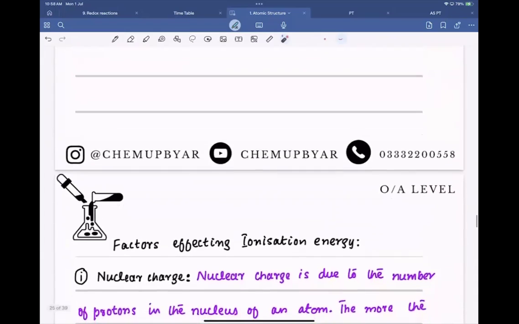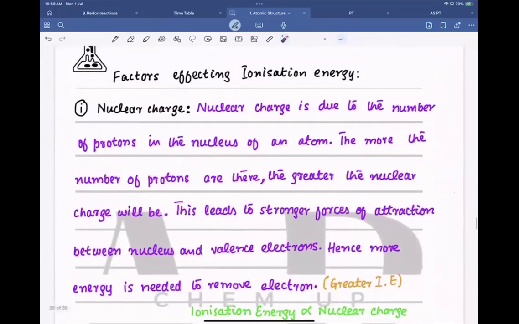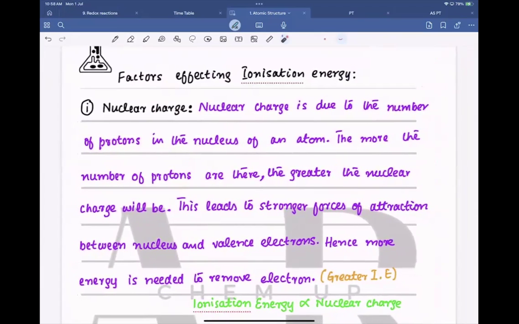Okay. Now the next thing that we need to discuss is the factors affecting the ionization energy. Basically, the first factor is the nuclear charge, because we are removing the electron from an atom. If we go inside the atom, we will find that the electron is in the atom due to the forces of attraction from the nucleus, which is holding that electron, right?